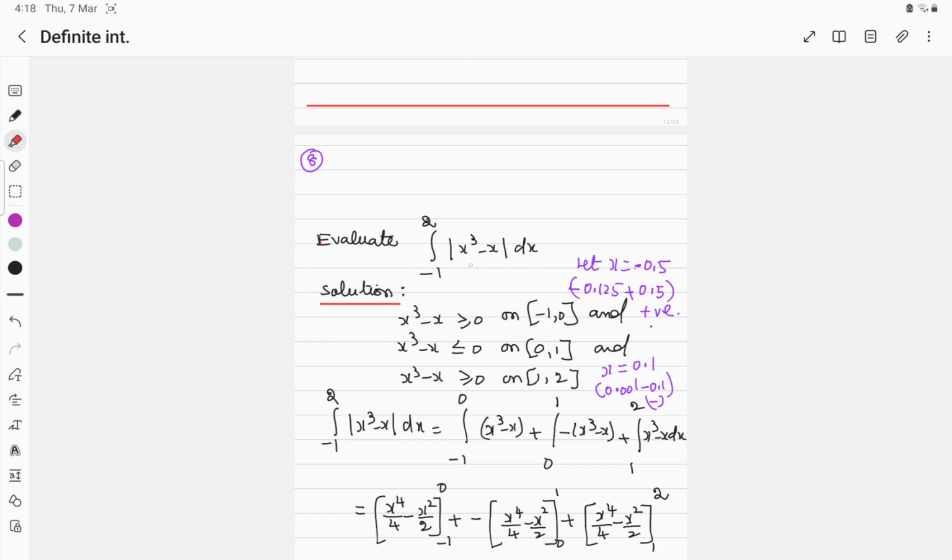So if you take x cube minus x is equal to 0, then we get x square minus 1 into x is equal to 0. So we get x is equal to 0 and x square minus 1 is equal to 0. That is x is equal to plus or minus 1.